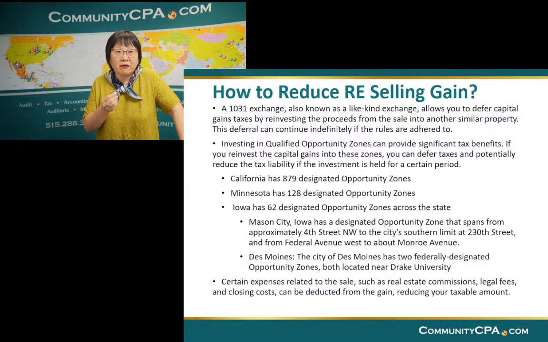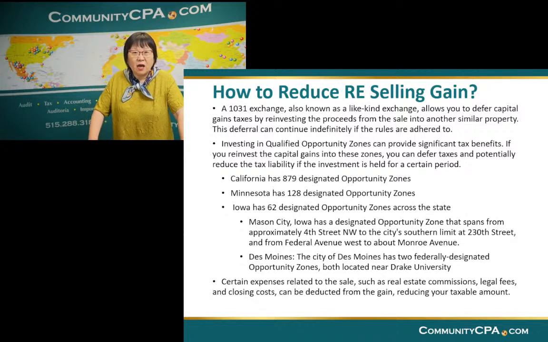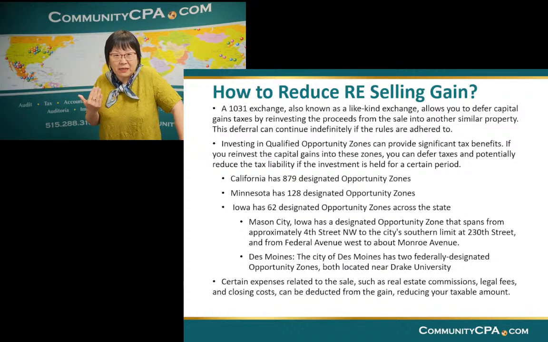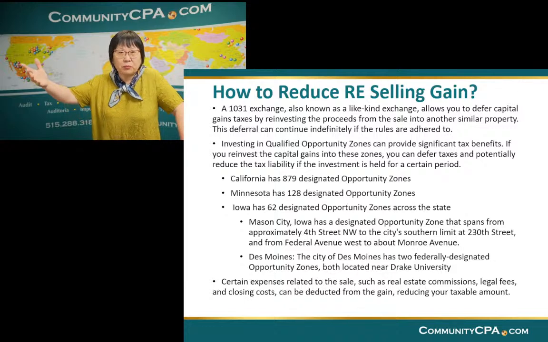In California, there are 879 designated opportunity zones. In Minnesota, there are 128. In Iowa, there's 62. And I pulled out two cities: Des Moines, where I literally live a lot of the time, and Mason City, which I pass by all the time when I go to the Bloomington branch.